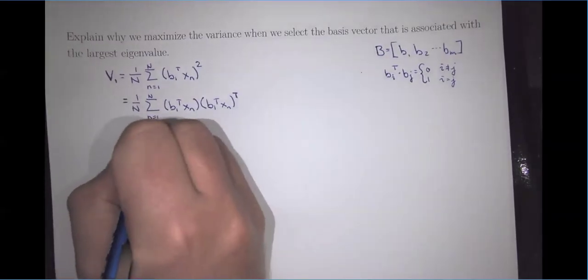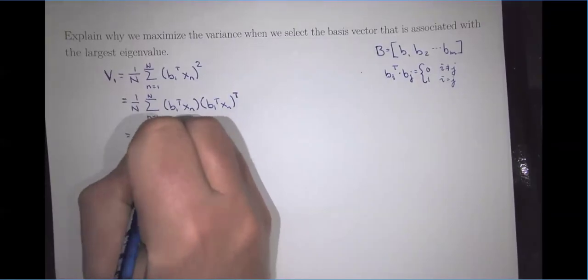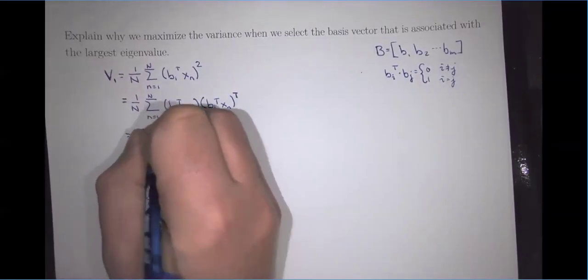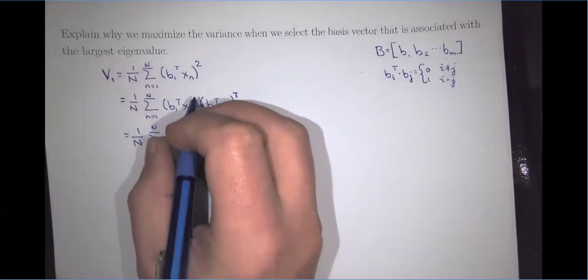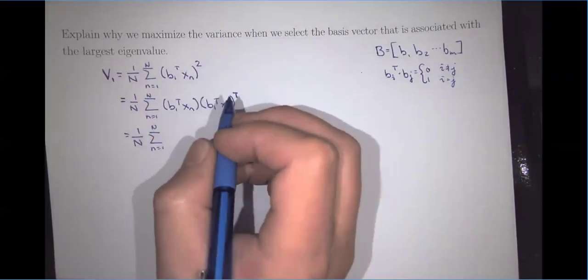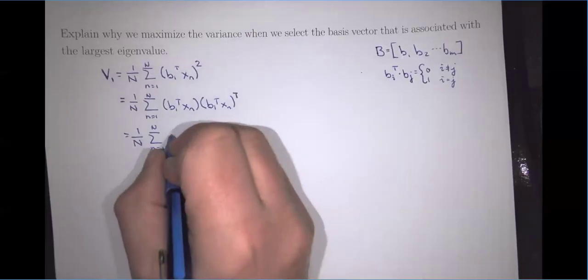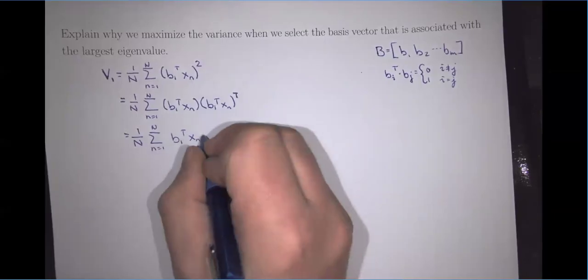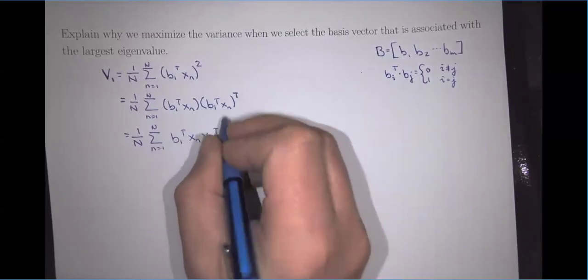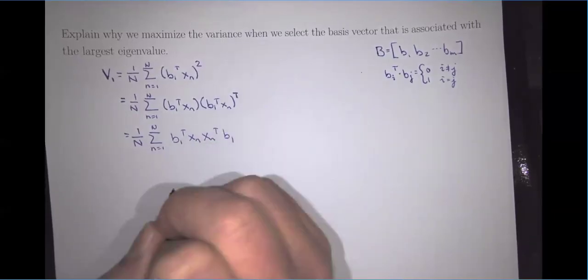And so that's 1 over N, the sum of B1 transpose xn, transpose B1.